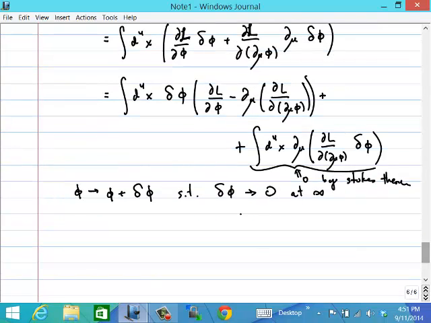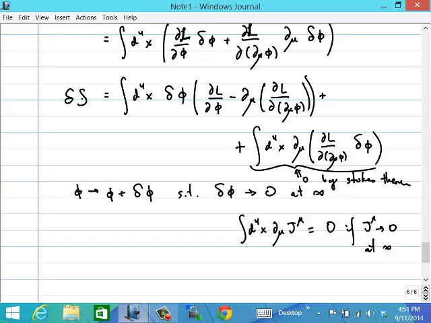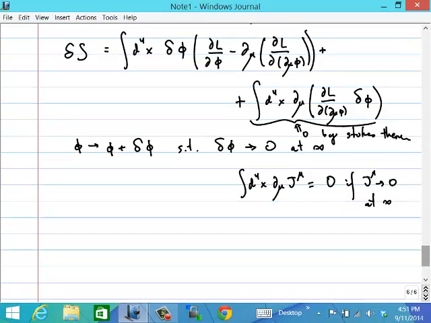So Stokes' theorem says that the integral d4x d mu of j mu is equal to 0 if j mu vanishes out at infinity. And now the second thing that I want to do is demand that this variation of the action should be equal to 0 for arbitrary field variation delta phi that vanishes sufficiently quickly at infinity.